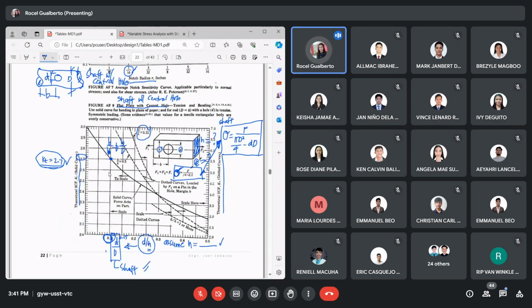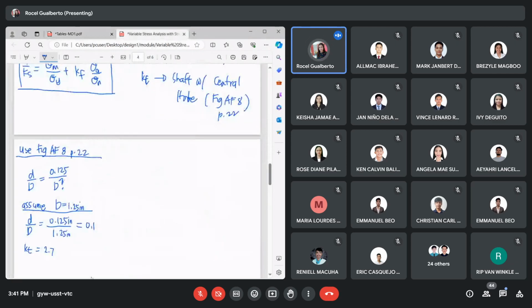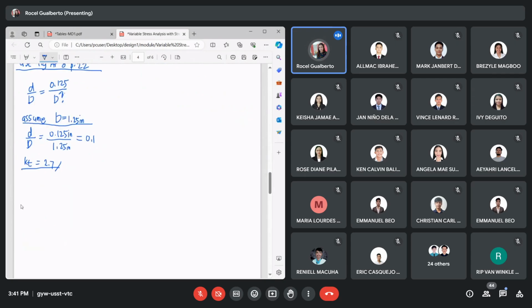That is why we used 1.25. So you obtain now a value of KT equal to 2.7. With this value of KT, you can now compute for KF. Go back to the equation of KF.